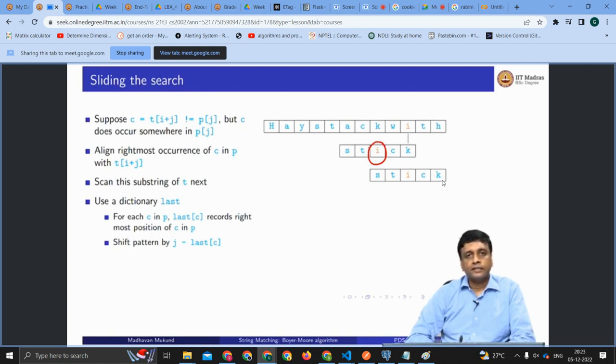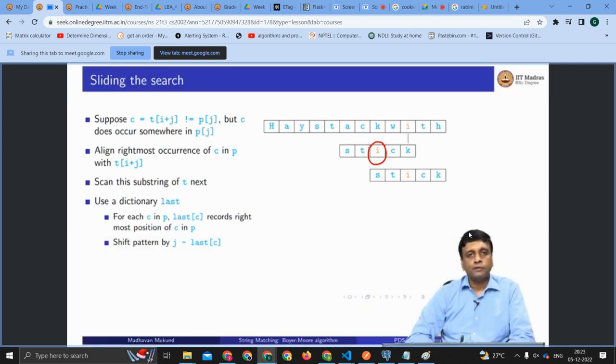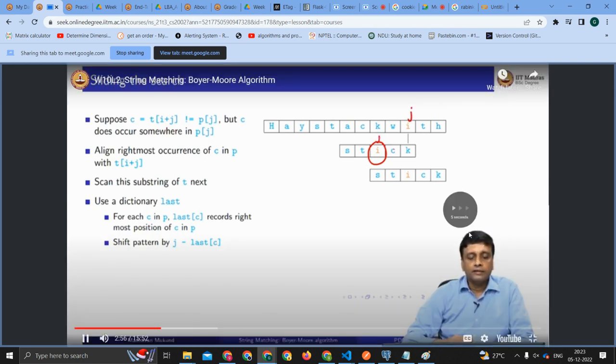And of course, if the letter does not appear in our pattern at all, then it will not be a key in the dictionary. So we will be able to check whether the mismatch occurs in the pattern or not by checking the keys of the dictionary. And if it does occur in the pattern, then we can find out where it occurs by looking up this last information. So in general, we are at some j, this is our position j, and then the difference between j and the last of c.